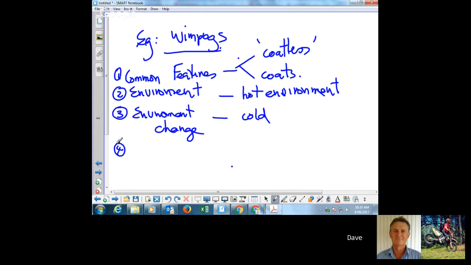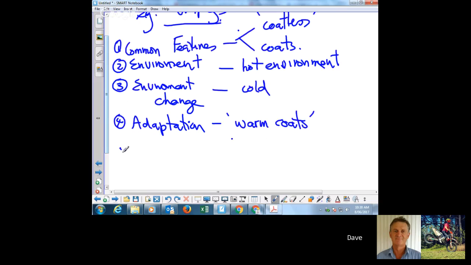Which feature was the one that was going to help them to adapt? Which was their adaptation? Was going to be having coats, warm coats. That was the physical feature that helped them to adapt to the new change.